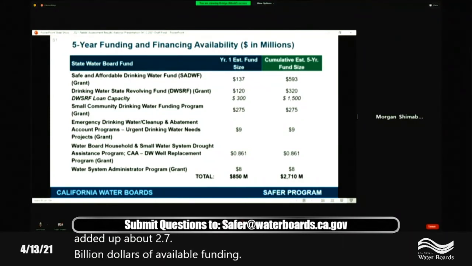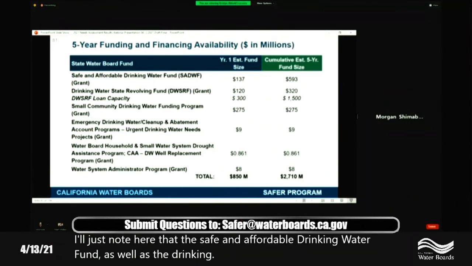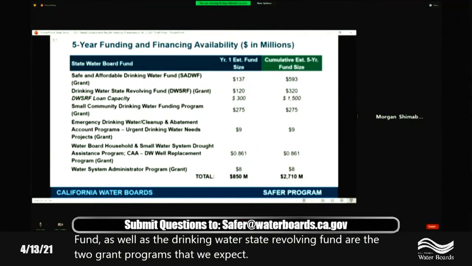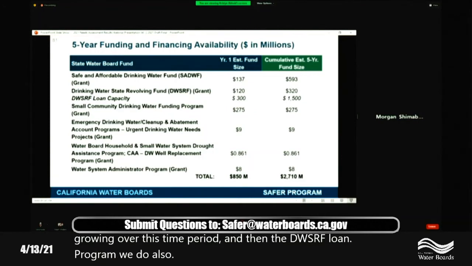And I'll just note here that the Safe and Affordable Drinking Water Fund, as well as the Drinking Water State Revolving Fund, are the two grant programs that we expect that we can depend on growing over this time period. And then the DWSRF loan program, we do also expect to grow over this time period. Next.